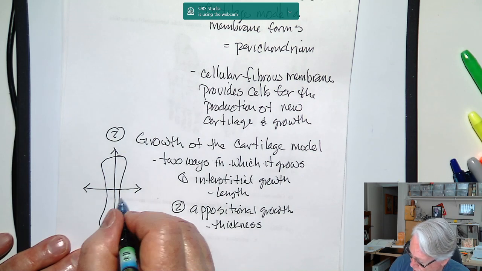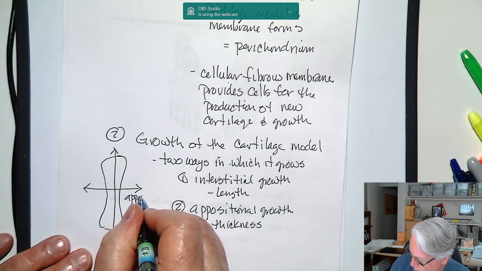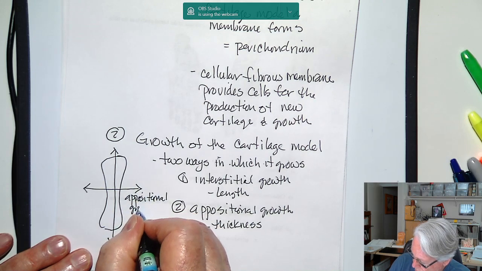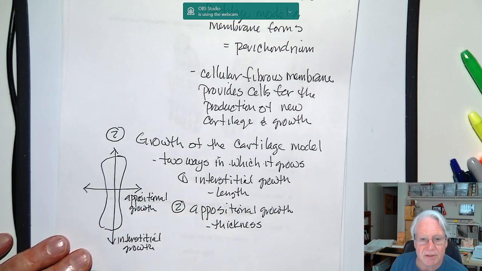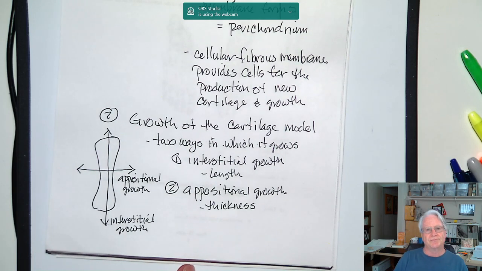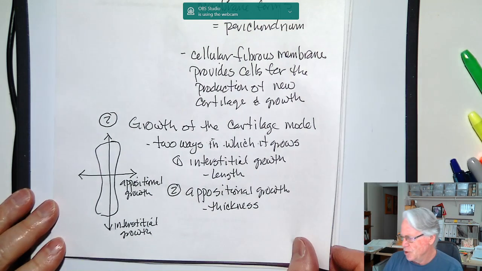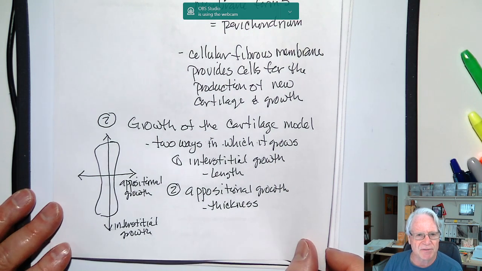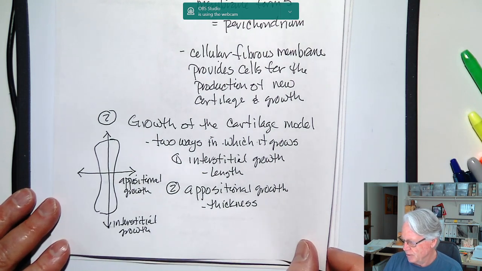And appositional growth is growth in thickness. Okay. So two different, although related, processes are going to increase the size of the model that we're building.